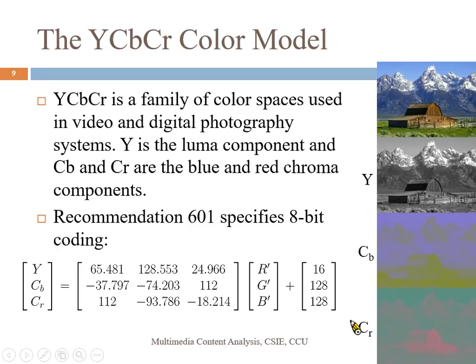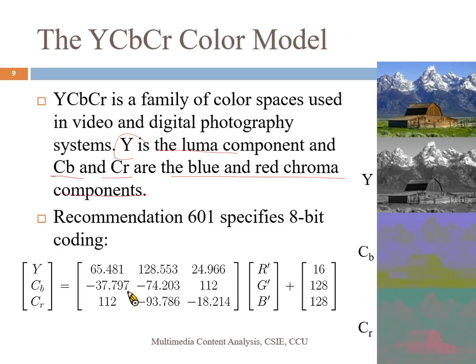Another commonly used color model is called YCbCr. YCbCr is a family of color spaces used in video and digital photography systems. Also, Y is the luminous component, and Cb and Cr are the blue and red chroma components. Here is the formula to transform RGB to YCbCr.